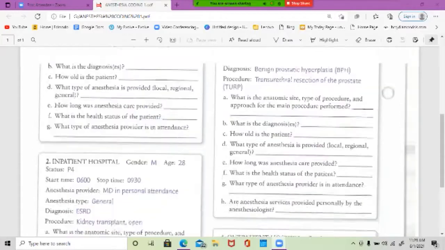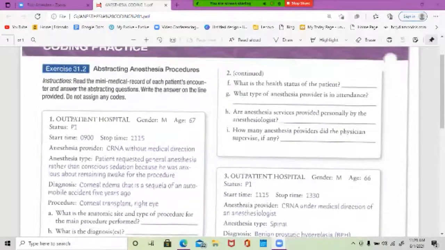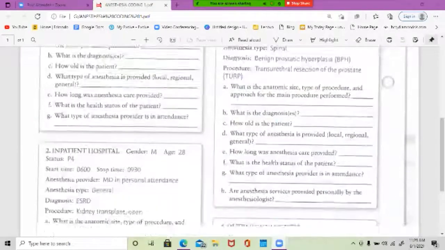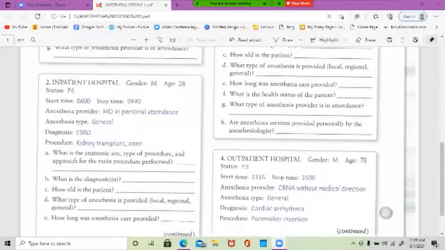Okay, and we have more up here, so let's go up here. Sonia, you do this one. What is the health status of the patient? E4, a patient with severe systemic disease that is a constant threat to life.